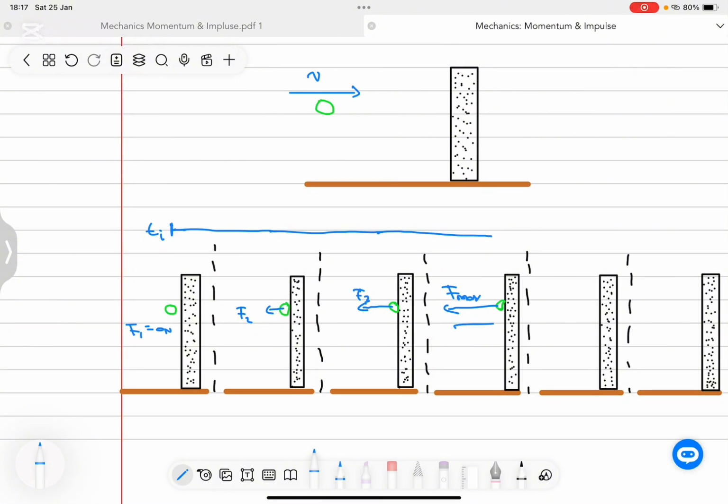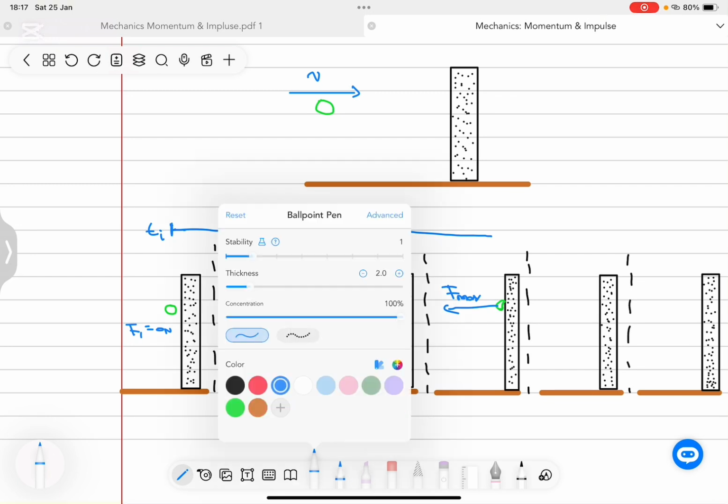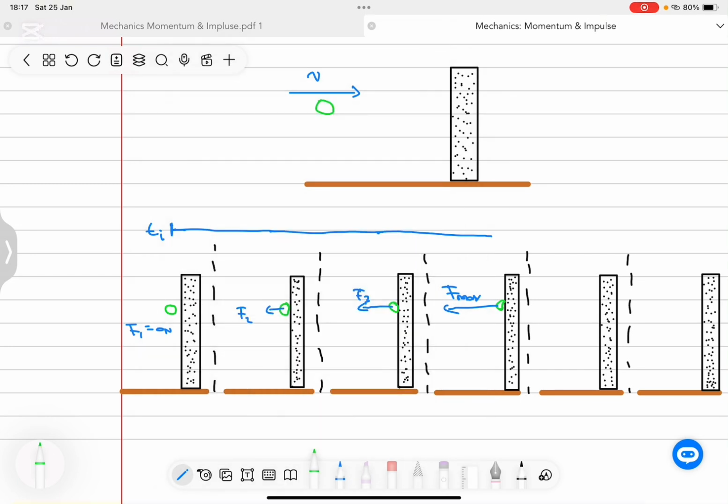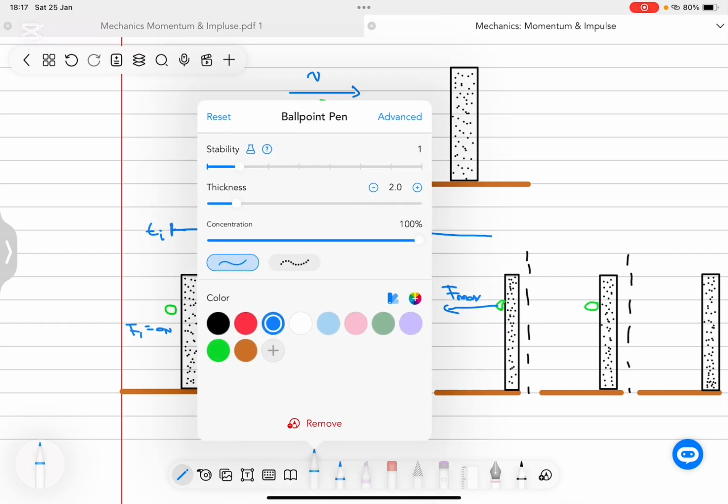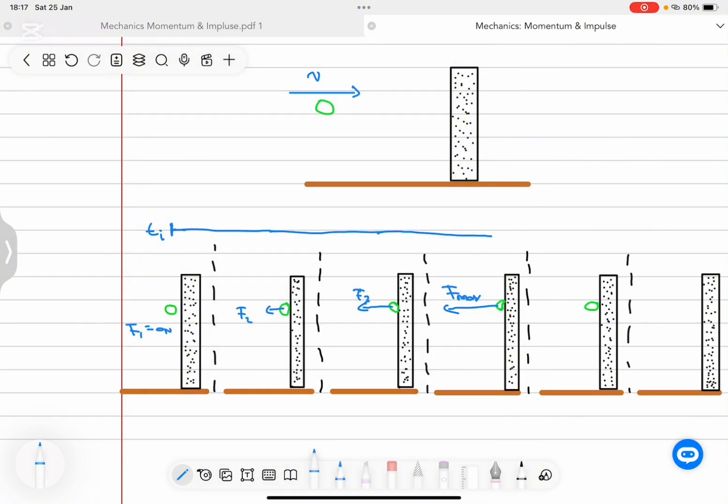At this stage, after we reach the maximum force, the ball will be less in contact, meaning this force is now good enough to start pushing the ball away. The ball will be a bit less in contact with the wall. What that means is that the force will decrease a little bit.